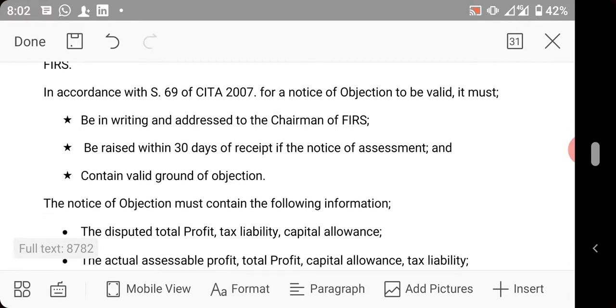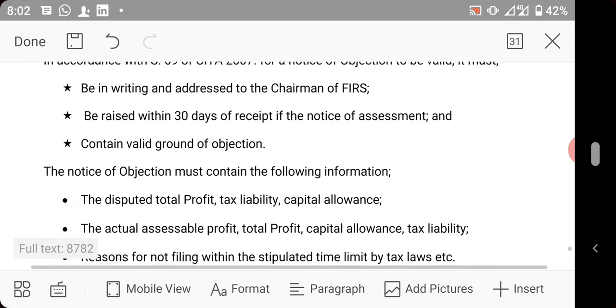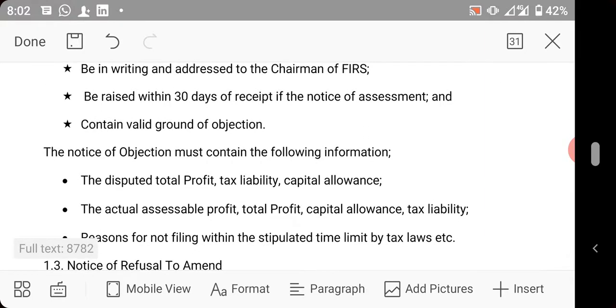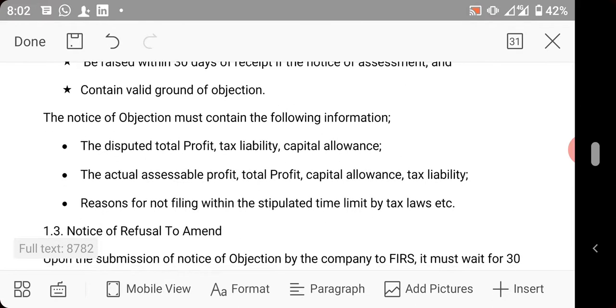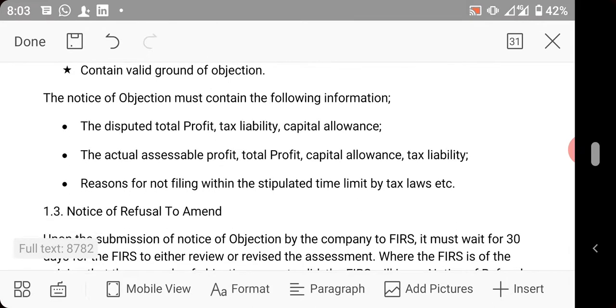It must contain valid grounds of objection. You must state the grounds upon which you defaulted to file your tax return. The notice of objection must contain the following information: the disputed total profit, tax liability, capital allowance, the actual assessable profit, total profit, capital allowance, and tax liability that the company believes they are supposed to pay.